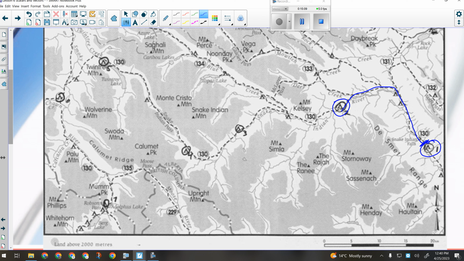In fact, it's better than if the sign said, Snake Indian Falls Campground, 19.8 kilometers at 50 degrees west of north. Because if it said that, I gotta follow this line, which is fine if I have a helicopter. It's not great if I'm on foot because there's all these rivers, and the gray parts are glaciers.